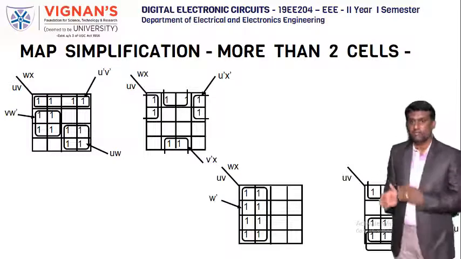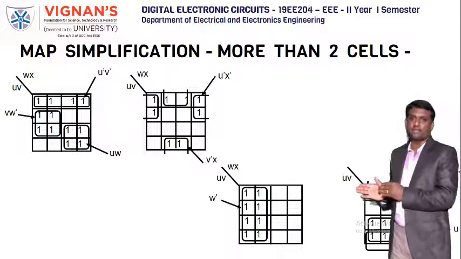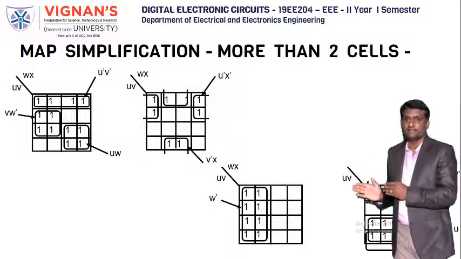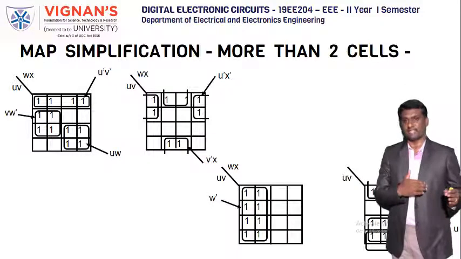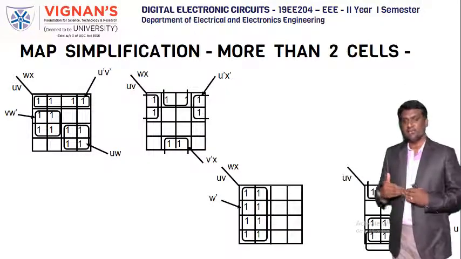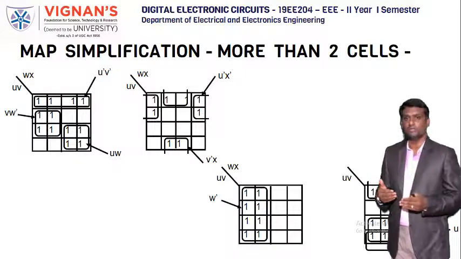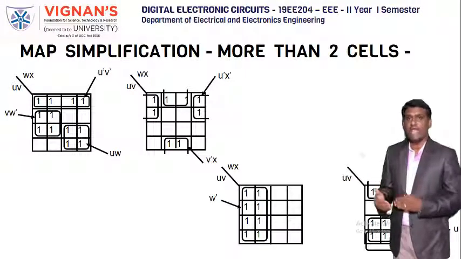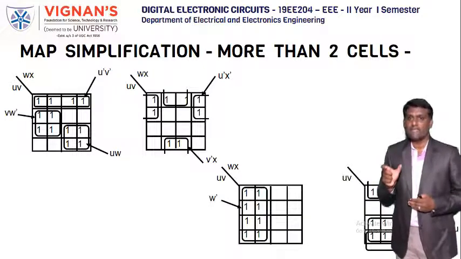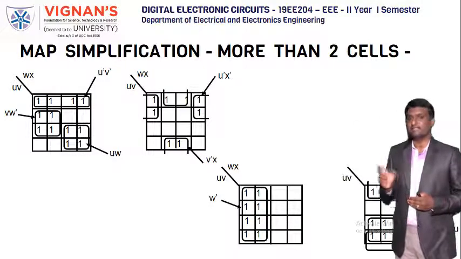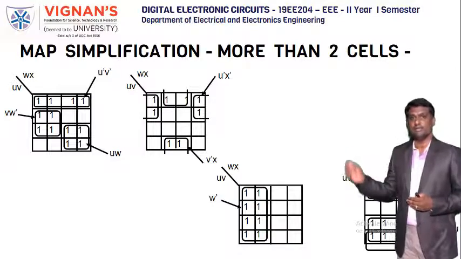But column wise, the column variables are common to all the 4 cells. That's why we directly consider those column variables, and the respective combination is U dash V dash, because the corresponding column variable binary representation is 0 and 0.